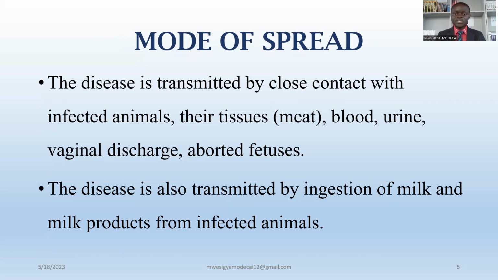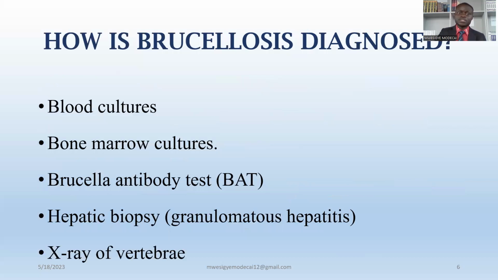The disease is also transmitted by ingestion of milk and milk products from infected animals. So if you just touch the secretion of an animal which is sick with Brucella, remember this is a zoonotic disease, you are likely also to develop that Brucella. So that is the mode of spread of brucellosis.